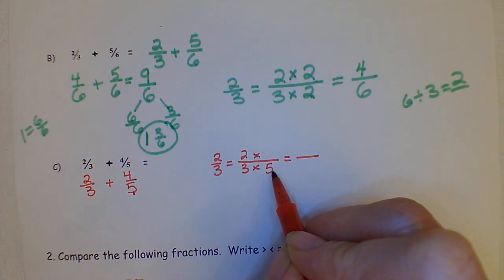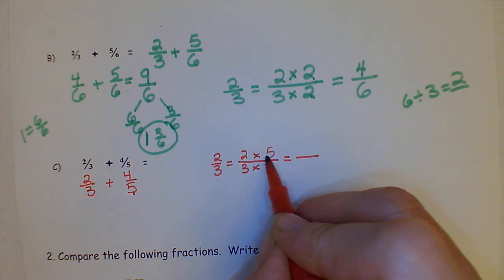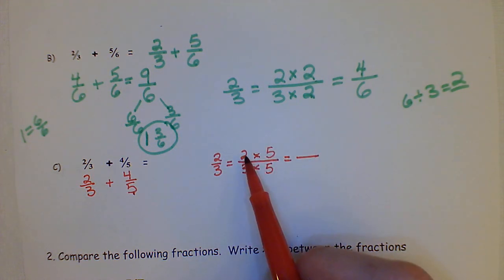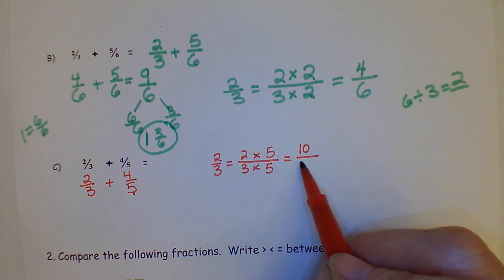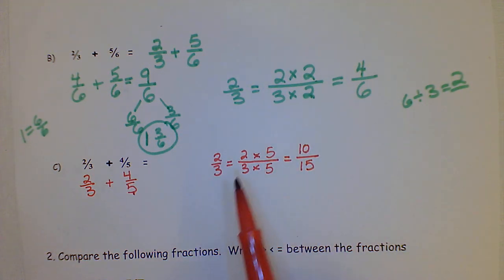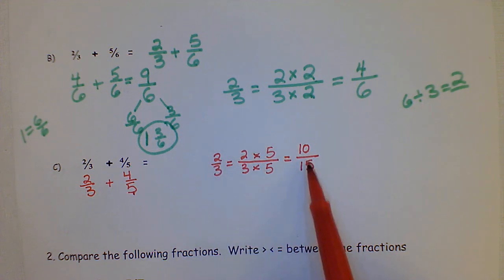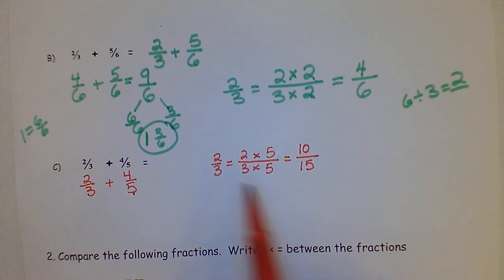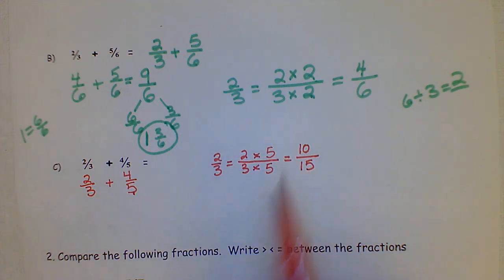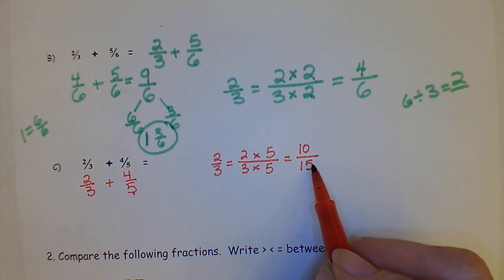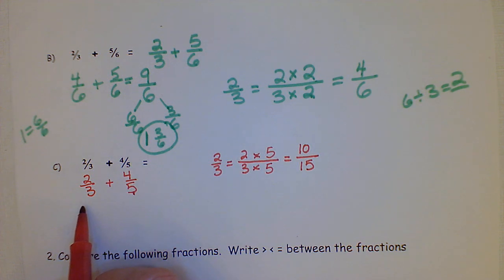So I'm going to put a 5, and whatever I put in the denominator, I have to put in the numerator. So here we have 2 times 5 is 10, and 3 times 5 is 15. So now what I know is that 2/3 and 10/15 are equivalent. They have the same value. Here it's just cut up into more pieces. So I can now take that 10/15 and I can go ahead and write it right here.